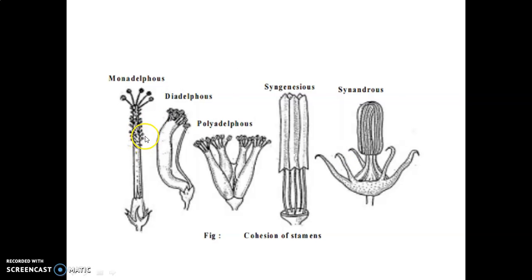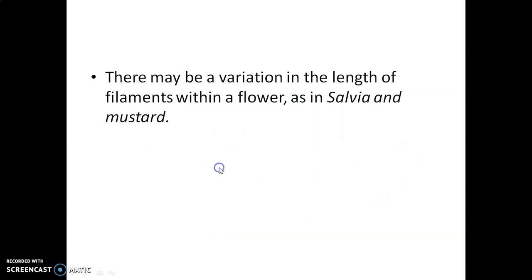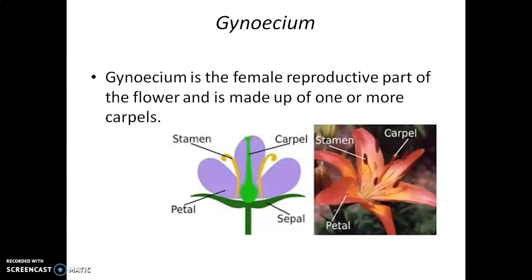See, this is monadelphous condition. Here 2 bundles, now this is diadelphous condition, and here 1, 2, 3, 4, more than 2 bundles, okay, this condition is known as polyadelphous. Then there may be variation in the length of filament within a flower, as in salvia and mustard. Exceptional cases will be there.